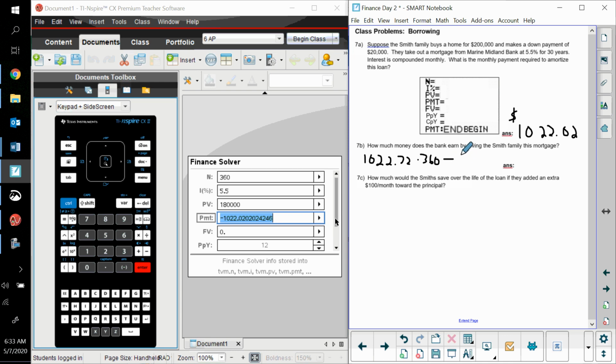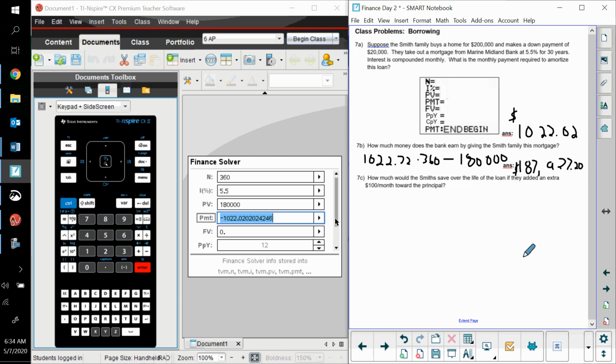And then we can subtract off the 180,000 that was the amount that the Smith family got from the bank. So when you put that in, you end up getting $187,927.20, which is astonishing.